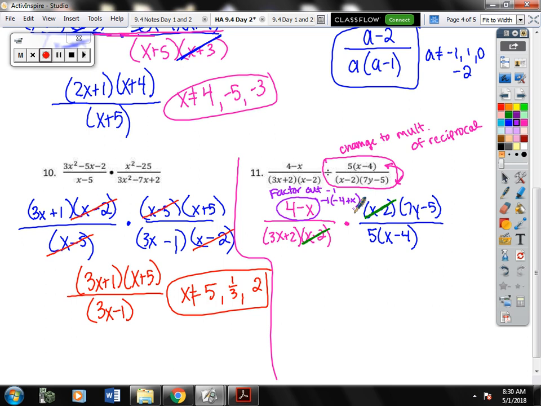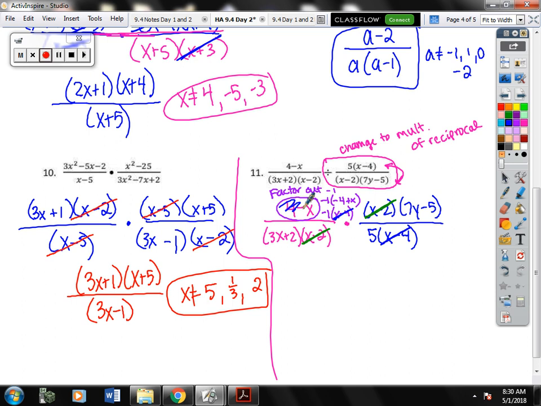And then you can switch around, now it's addition. Negative 4 plus x is the same thing as x minus 4. So this would be negative 1 times x minus 4. Do you have to show this work? No. After seeing this example, anytime you want to switch these, if you factor out a negative 1, they will change symbols. So now we can divide out the x minus 4 with the x minus 4, but you need to have that negative 1 in your numerator.